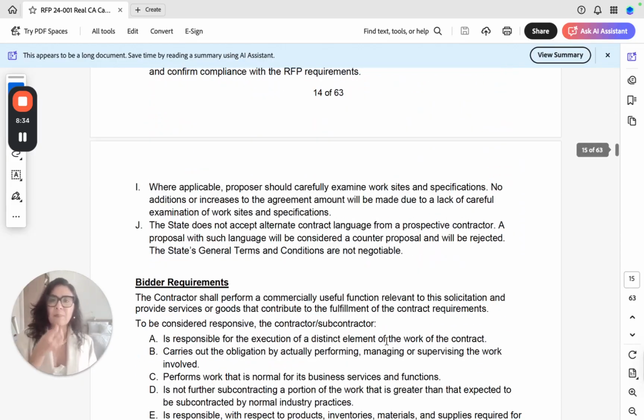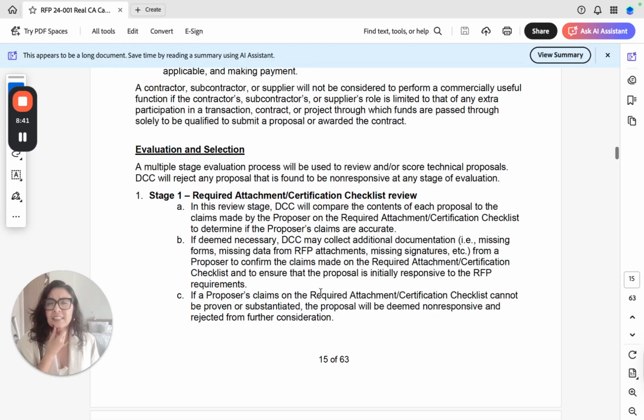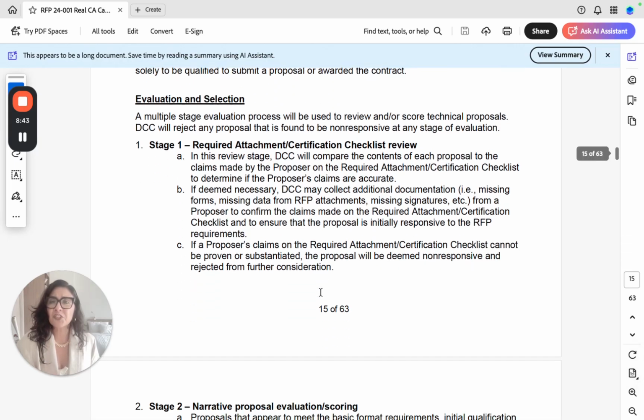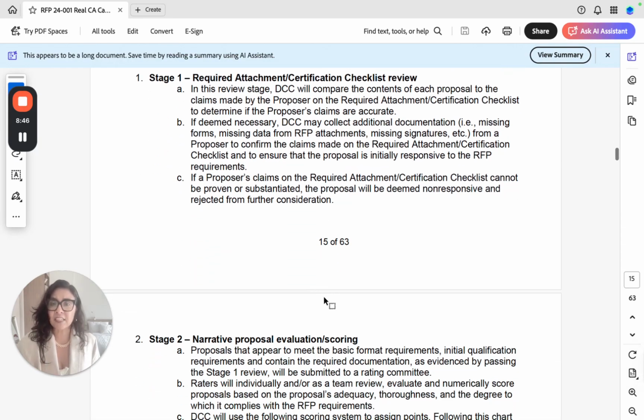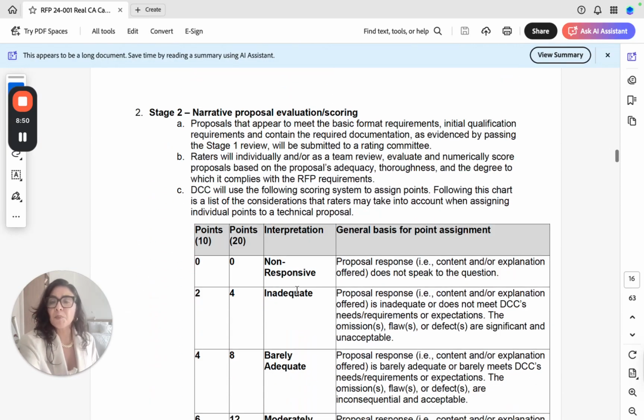That's what happens with this RFP. They already title it with evaluation and selection, but this isn't the section you really need for your technical proposal.